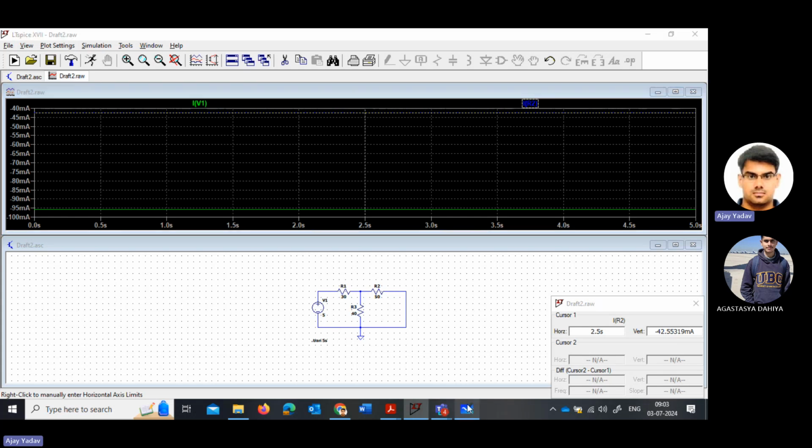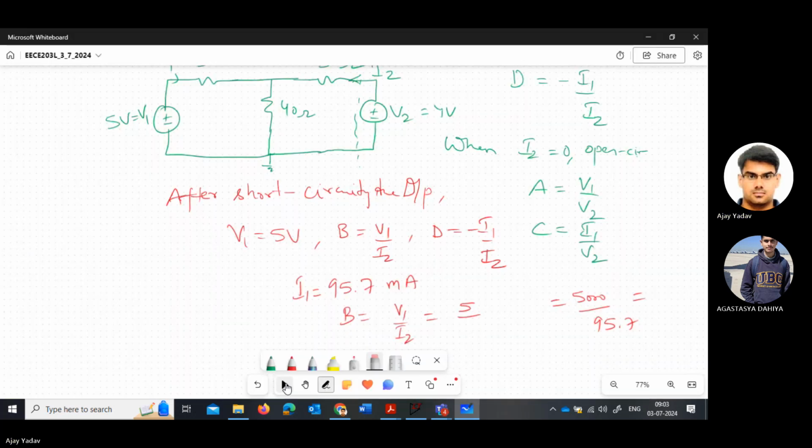So your I2 is, I'm writing only the magnitude part, 42.55 milliampere. So you have to divide by this 42.55. The sign part we will take care of later on. So if you see here, this value will be V1 by 42.55 into 10 raised to the power minus 3.